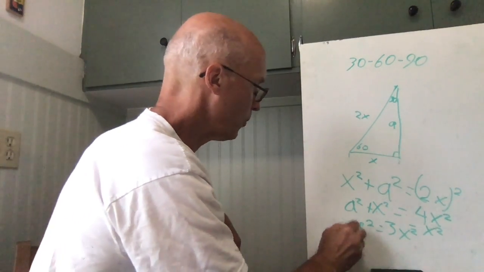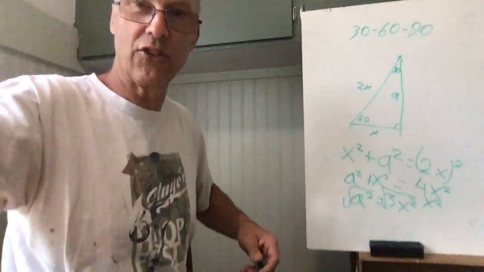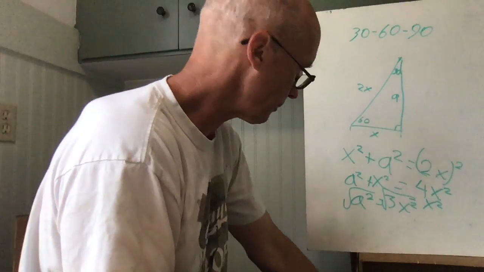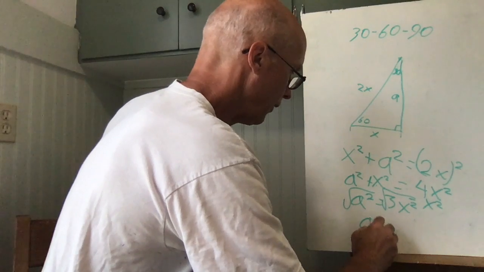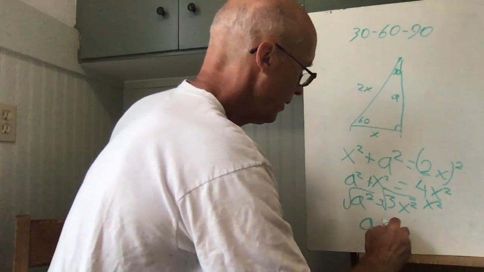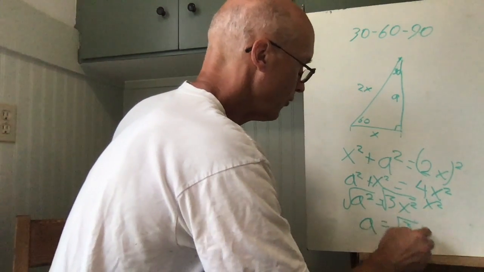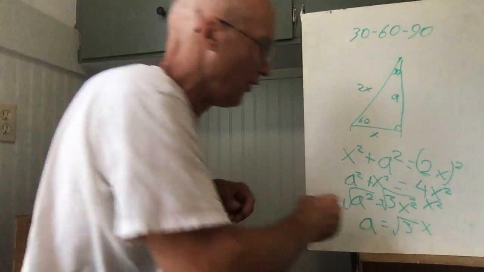Now, take the square root of this and the square root of this. And just like before, you end up with the altitude, not the altitude squared, the altitude equals the square root of 3, and the square root of x squared is just going to be x itself.